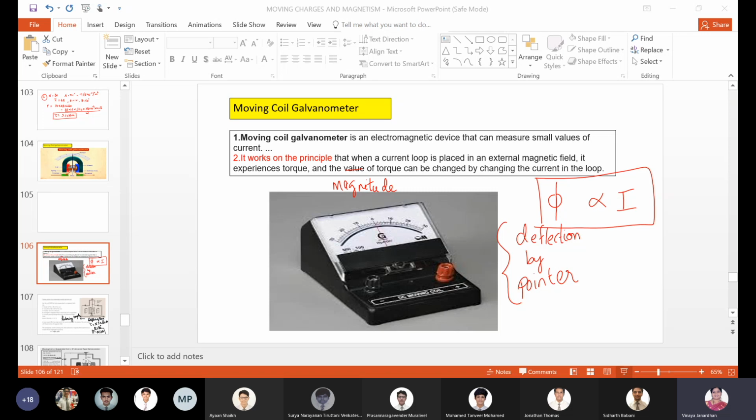So your aim is to find the proportionality between phi and I. Phi is the degree of deflection of the pointer which is connected to the current carrying coil, and the degree of deflection of the pointer is directly proportional to the current flowing through the coil. That will be the derivation later on. Just make a note of the working principle, boys. It's the motor principle, the principle on which an electric motor works.